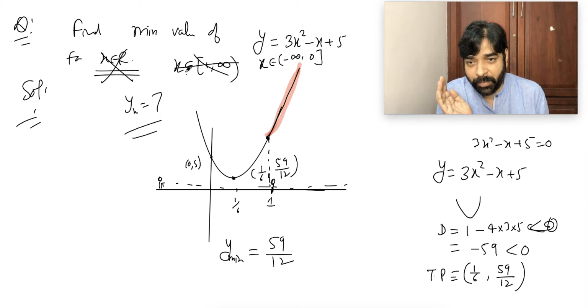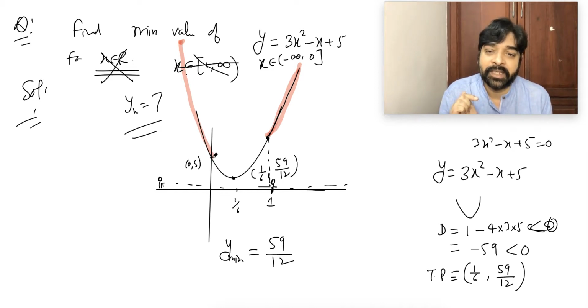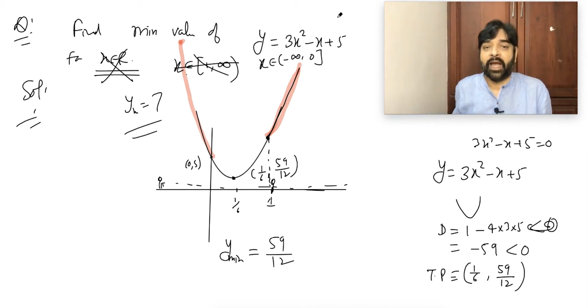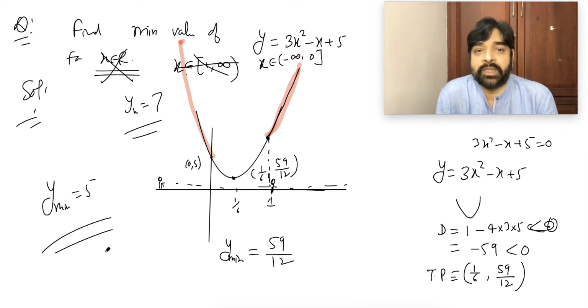When you are at minus infinity, the graph is somewhere here. As you come to 0, the graph comes down and reaches here. You stop here, which means the graph is coming down. The minimum value will be at this point, at 0. In that case y minimum will be equal to 5. I hope it's clear to all of you.